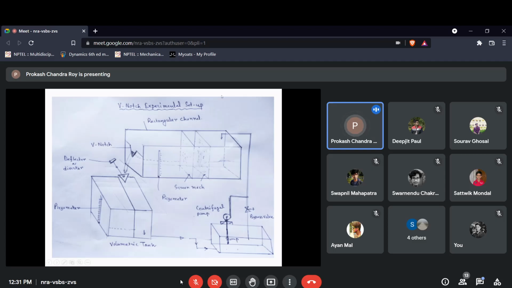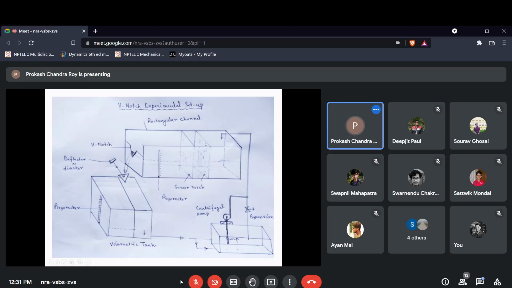Then what will happen when it falls from a certain height? It will initially create some turbulence, or some undulation. So to stabilize the flow, or to have something like laminar flow, there will be a number of screen meshes.